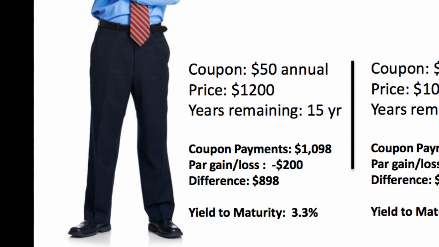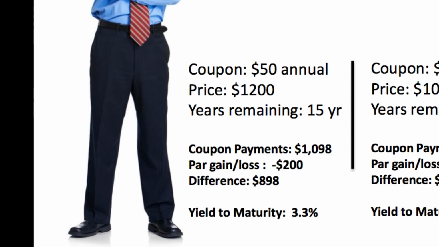Okay, so as we look down, the coupon payments that he's going to receive over the next 15 years amount to $1,098. Now we're assuming that he's reinvesting each coupon at 5%. Okay, so that's why you have kind of an odd number there. So the coupon's $1,098. The par gain and loss, he's going to lose $200 on the fact that he paid a premium for the bond, and whenever it matures, he's only going to get $1,000.